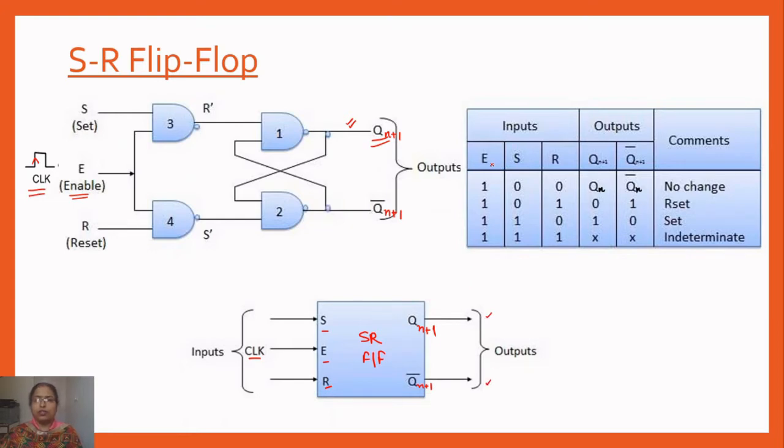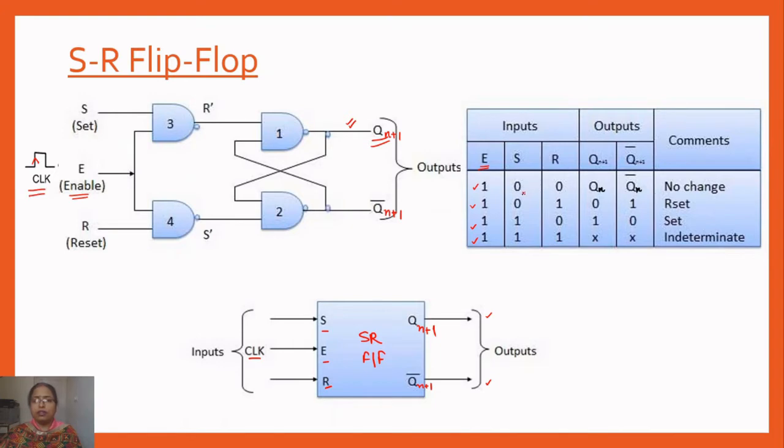As you can see from the truth table, when this enable pin is high at the positive edge trigger, only then is the output coming. As we have two inputs, there can be four combinations: SR can be 00, 01, 10 and 11.